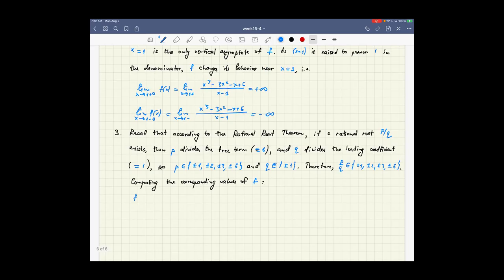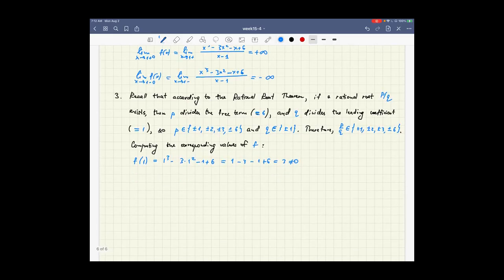F, for instance, at 1 is 3, clearly not 0. F at negative 1.